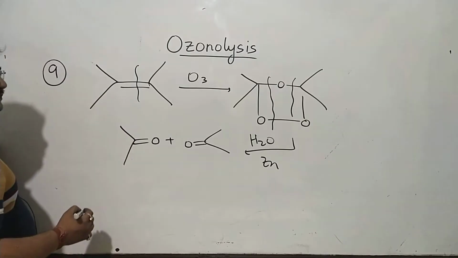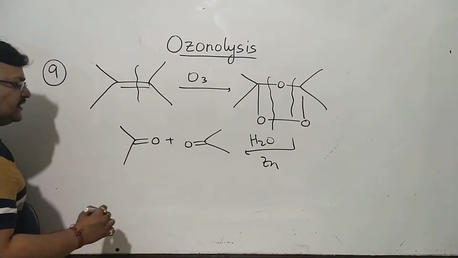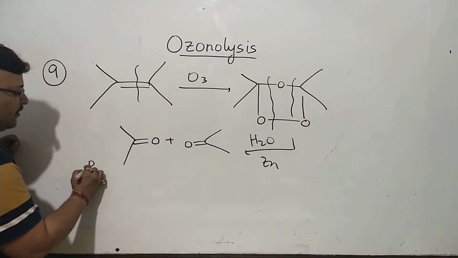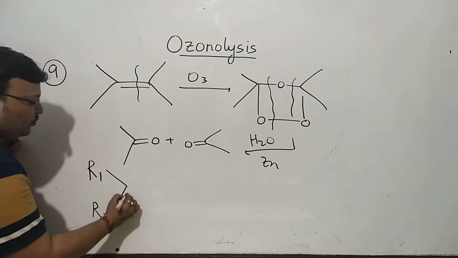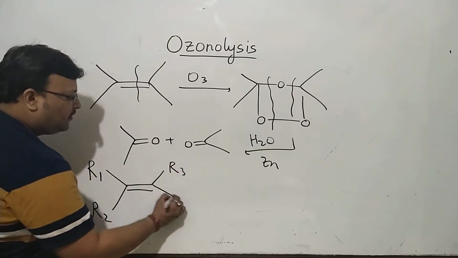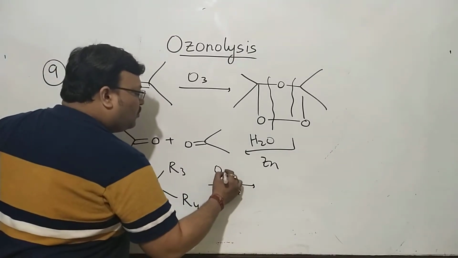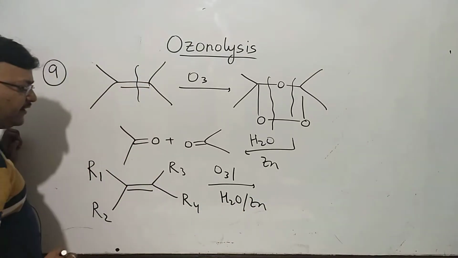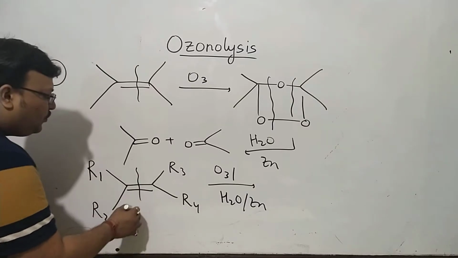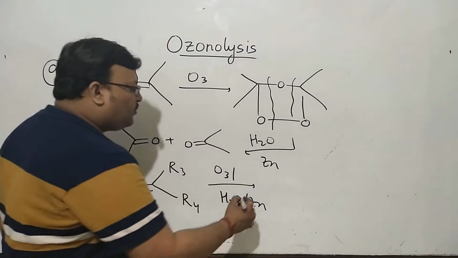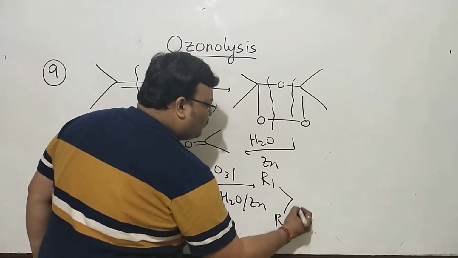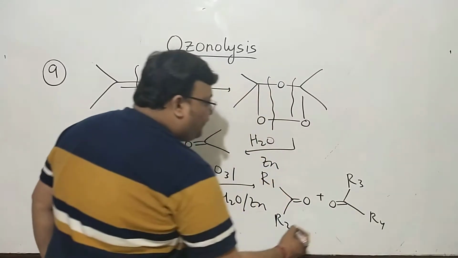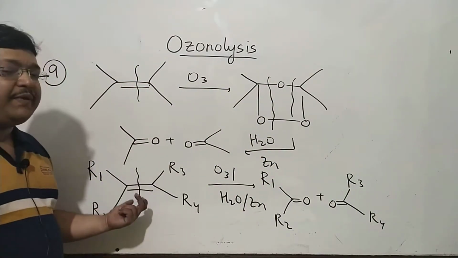Certainly, in general, this can be represented like R1, R2, R3, R4 on ozonolysis, and then hydrolysis by zinc, giving me two carbonyls which are going to look like R1, R2 double bond O plus R3, R4 double bond O. If all the four are hydrogen, it becomes ethene.